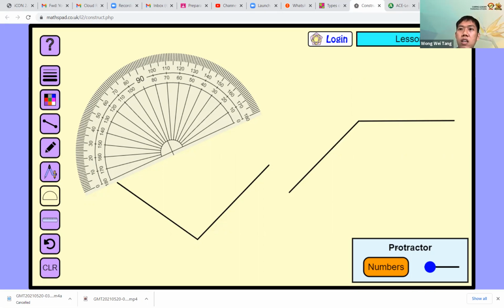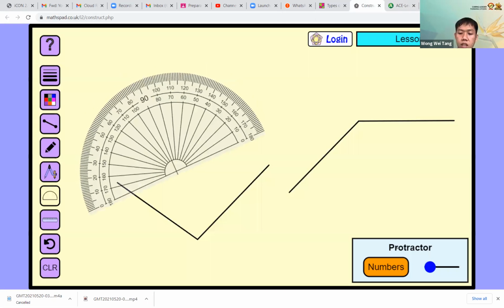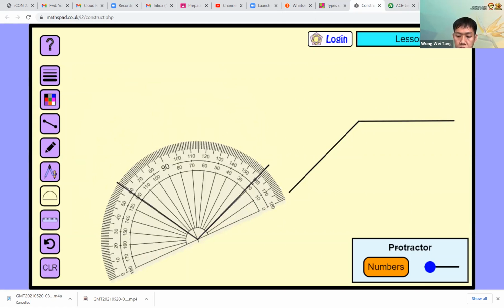Yeah. This is actually for question 1C. Now I'm going to move the protractor. I'm going to align the 0 point to the vertex. Do you see what has happened? Yeah. Do you think the protractor is placed correctly? No. Okay. I'm going to adjust it now. You tell me when to stop.